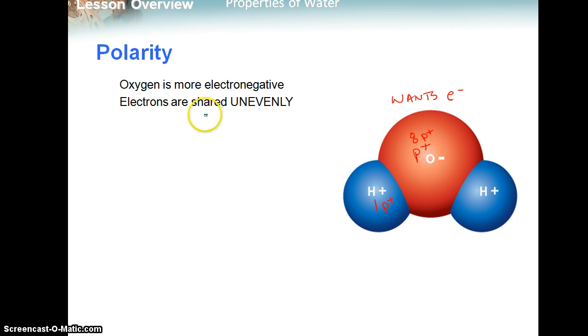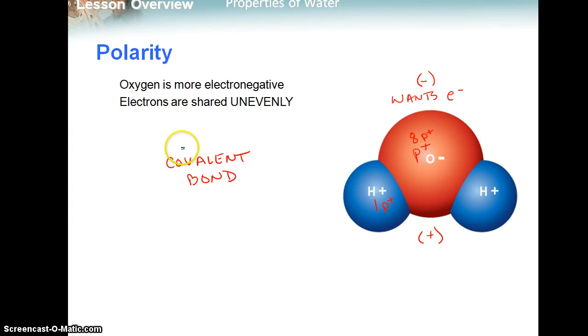Because of this, the electrons are shared unevenly, and when hydrogen bonds with oxygen, the sharing makes a covalent bond. But it's a special type of covalent bond. Since this end is more positive and this end is more negative, we call this a polar molecule.